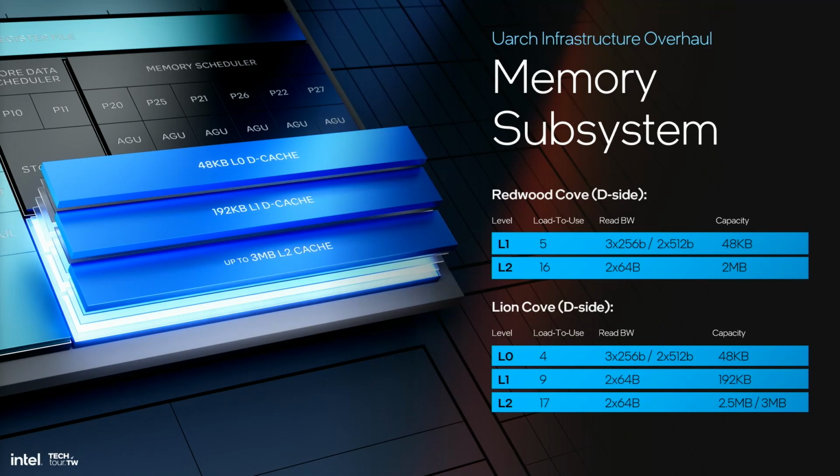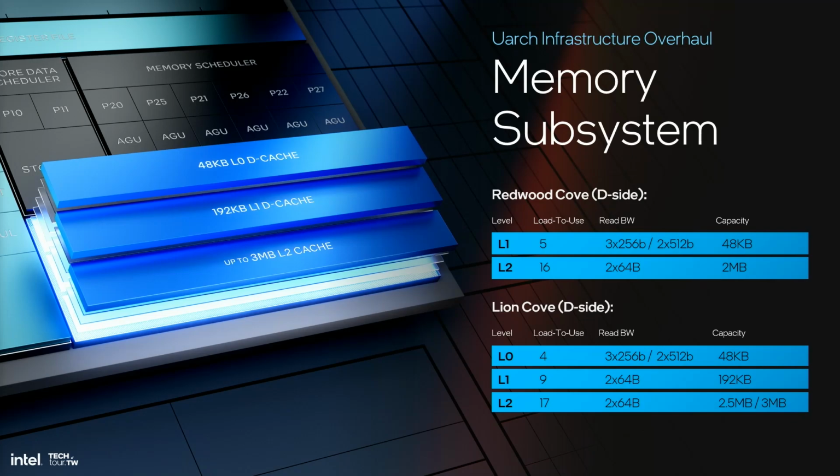First and foremost, it decreases the average load to use latency seen by the core, which increases IPC. Second, it allows us to grow the L2 cache capacity to keep a larger portion of the data set closer inside the core without paying the IPC penalty of the added L2 cache latency.